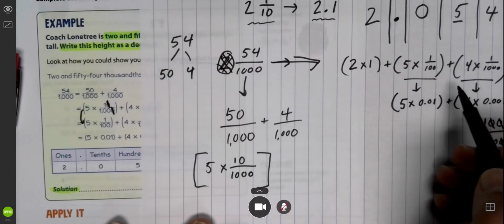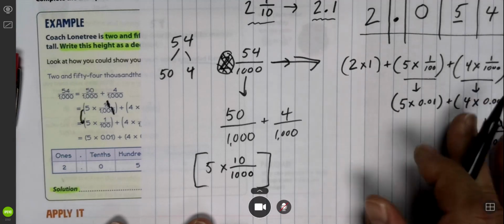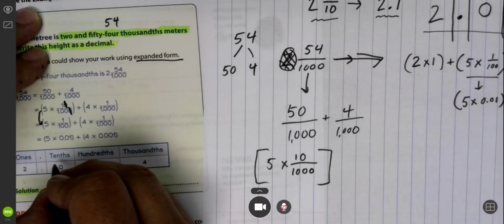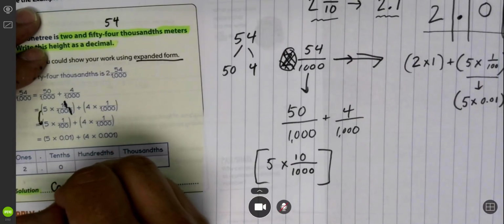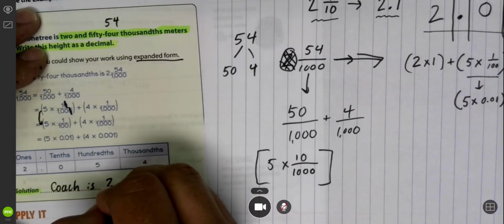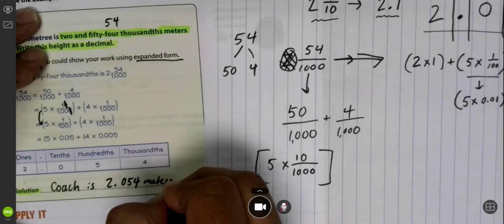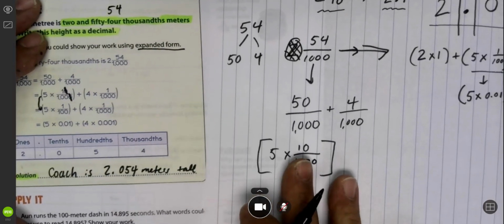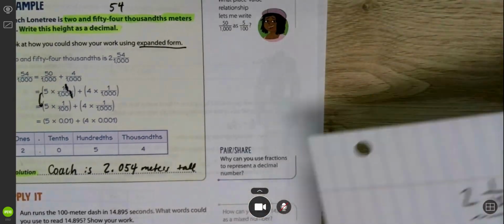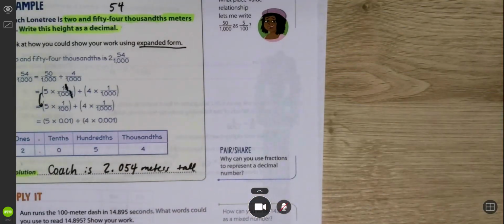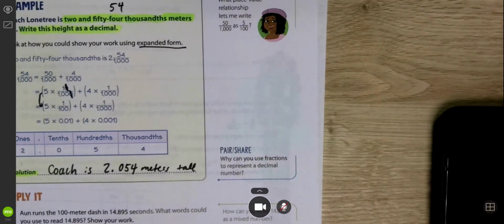Just to show you what you could have done in the very beginning, by saying that the coach is 2 and 54 thousandths meters tall. So I feel like this right here was a long workaround for what we could have done simply by using our place value chart strategy. So anyways, with that said, let's look at a couple more of these.